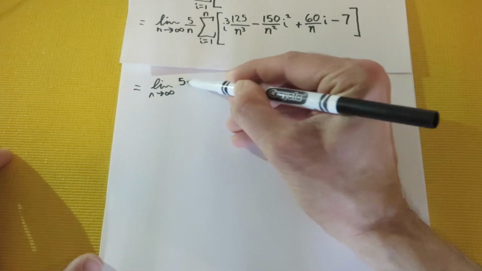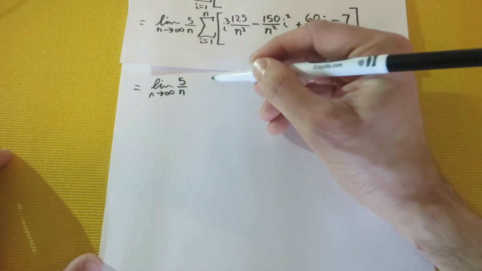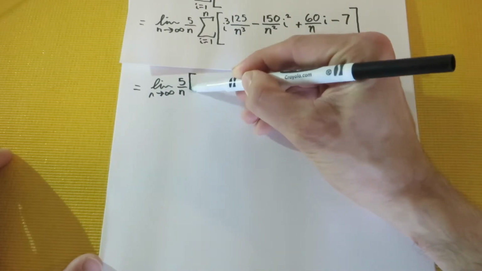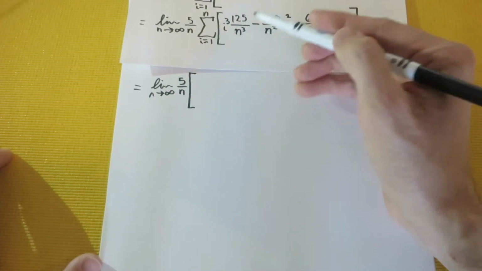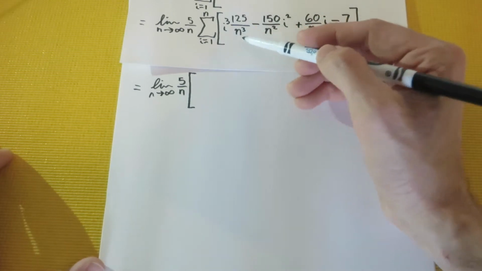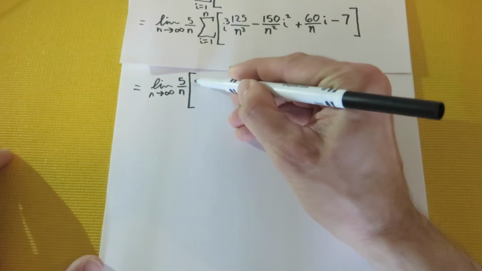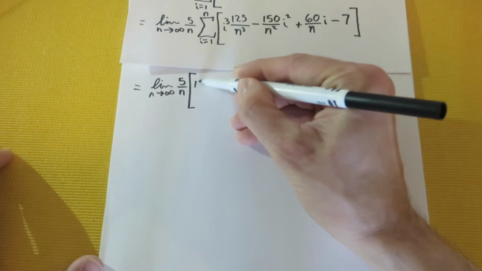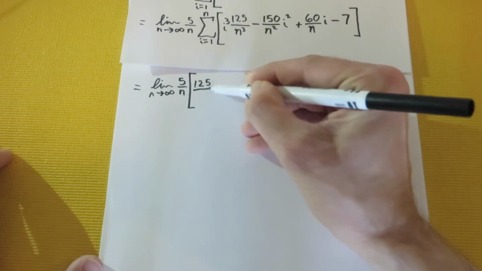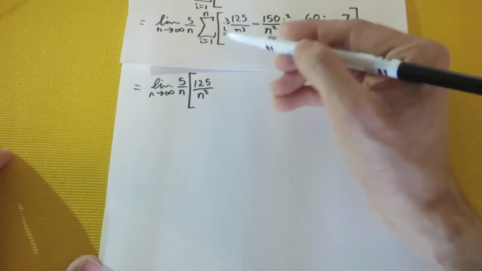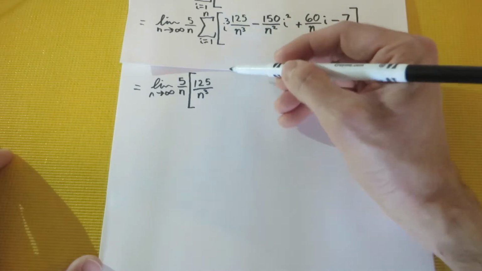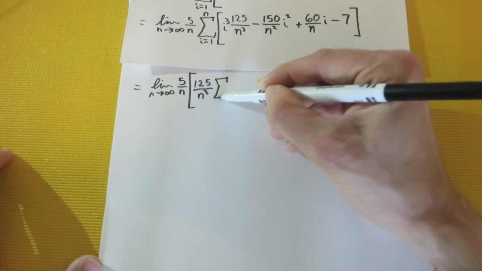Here we have 5 over n, and we'll just keep our brackets. This 125 over n cubed here, we're going to pull that out because we're just going to treat it like a constant. And then we are left with the i cubed on the inside of the sum.